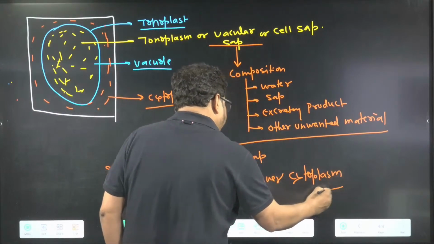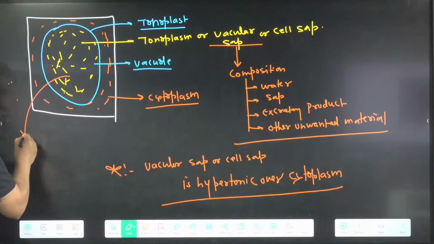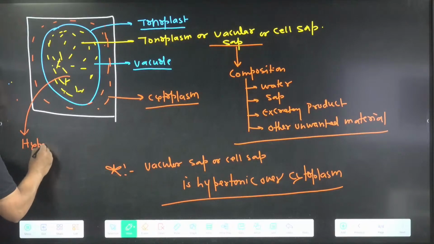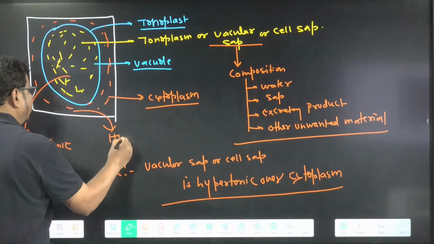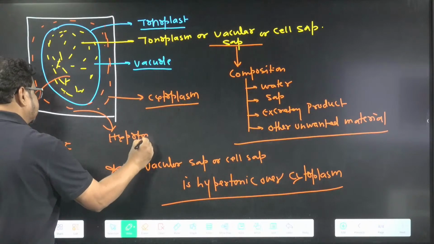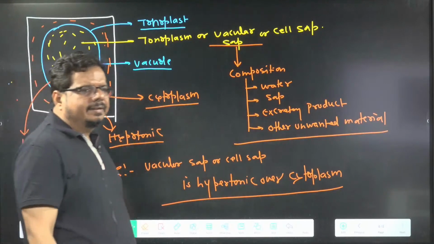So which has a higher concentration gradient? Vacuolar sap is hypertonic, with more solute concentration, and cytoplasm is hypotonic. Are you getting the idea or not?